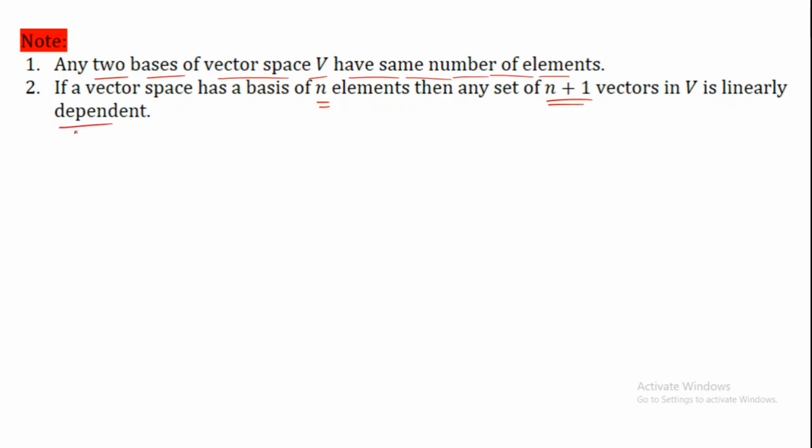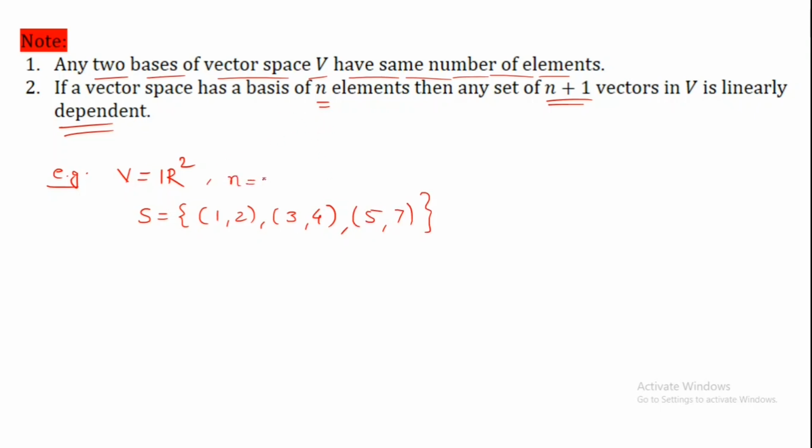For example, for V equal to R2, we have seen the basis set contains two vectors, so n is 2.